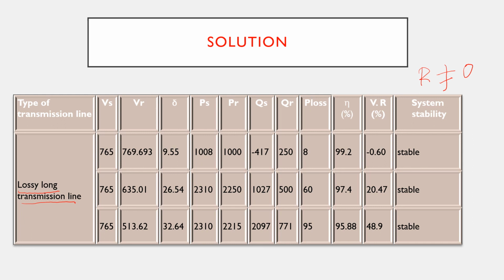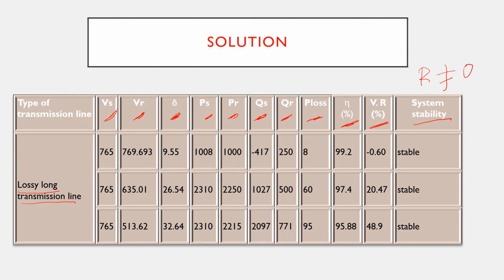Here Vs and Vr, the sending and receiving end voltages, are shown. Delta is the angle between Vs and Vr. P and Q, both sending and receiving, are tabulated, along with the power loss, efficiency of the system, and the voltage regulation. VR is the voltage regulation, and the system stability is also noted.